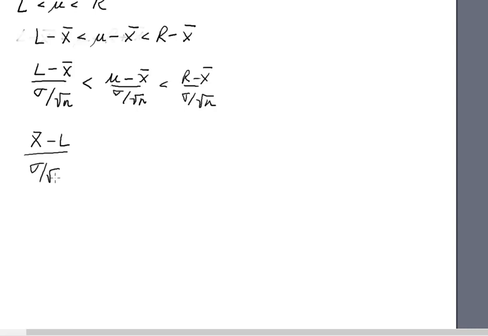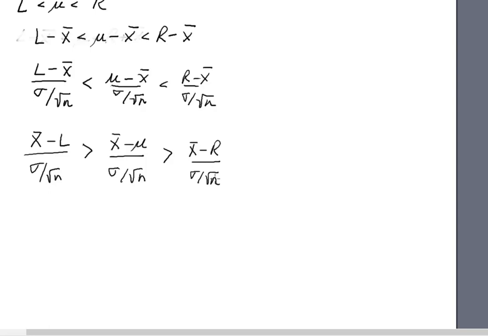Sigma over the square root of n. Now I've got to reverse the sense of the inequality, and this becomes x bar minus mu over sigma over the square root of n, and I've got to reverse this, and this becomes x bar minus R over sigma over the square root of n.